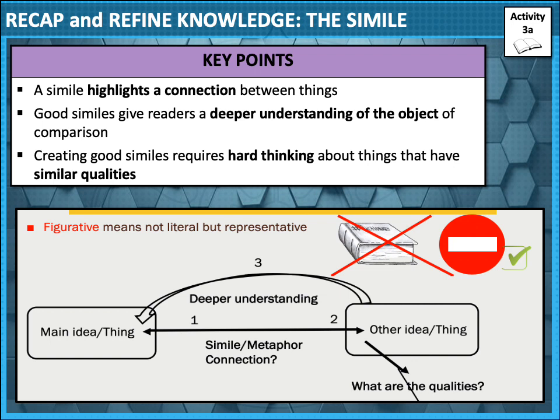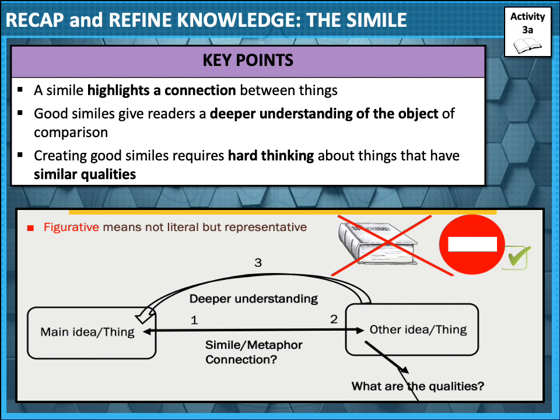Have a look at the diagram just underneath that. If you have a look at the box on the left-hand side, you'll see something called a main idea or thing. That's thing A, if you like, the main thing that you want your reader to have a deeper understanding about. If you look at the box on the right-hand side, that represents the thing that you're comparing your main idea to.